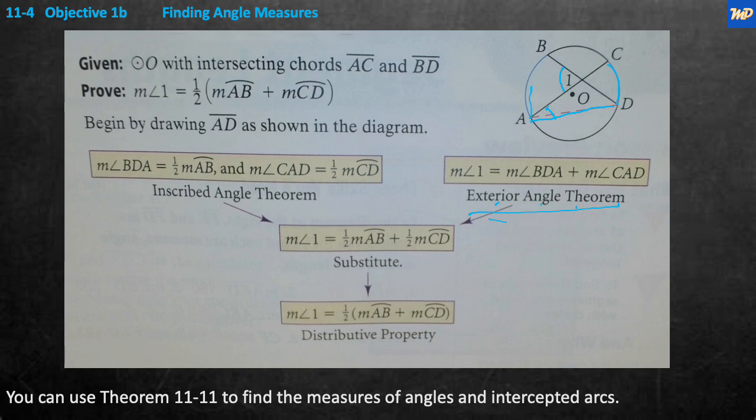this angle plus this angle, plus this angle right here, equals 180 degrees. If this is the supplement of these two angles, then angle 1 has to be equal to angle A plus angle D, because this part in the middle is what's left.